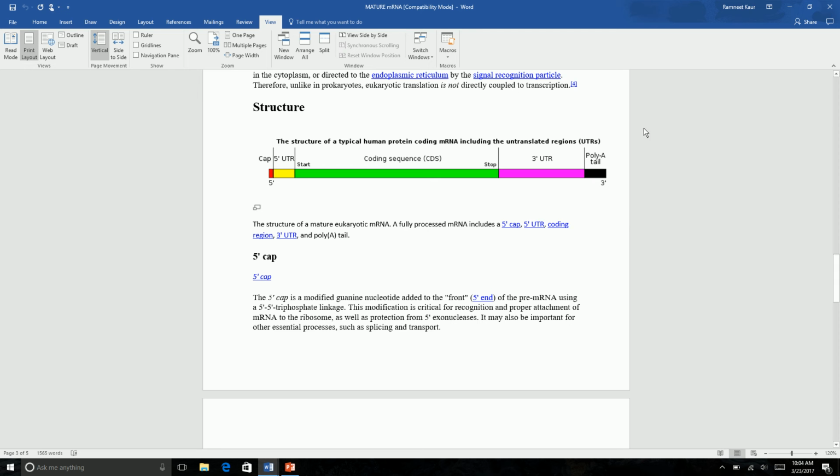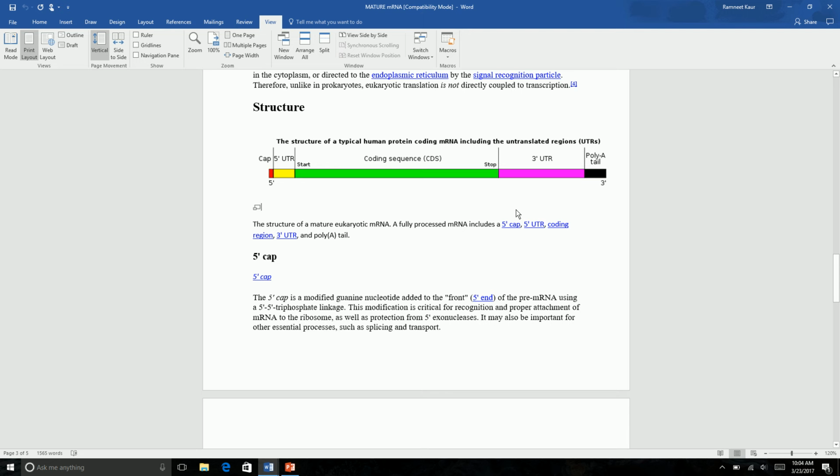Now if you are going to convert this mRNA, that DNA will be cDNA, a complementary DNA. That can be done with the help of reverse transcriptase. In that case, this mRNA will be acting as a template. In this mRNA, as you know, all the introns have been removed.